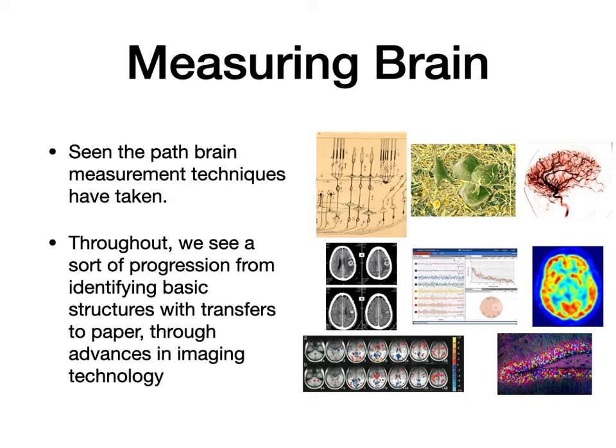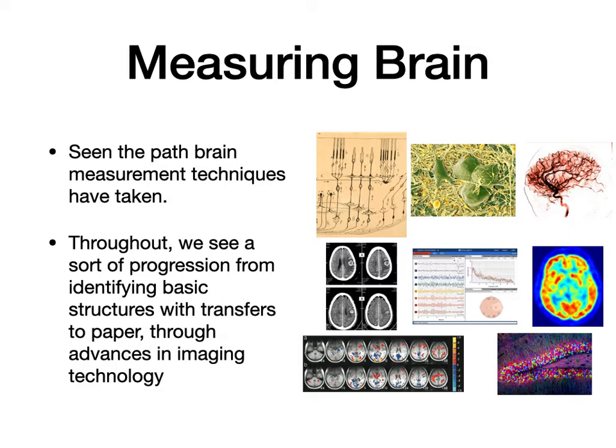X-rays, PET scans, CAT scans, all these wonderful things, up through brainbows, the strange genetic techniques of visualizing neurons individually in the brain. So we see this progression a little bit. These all do slightly different things. It's not just a straight linear progression, but we see as the technology shifts, we see more options opening up.